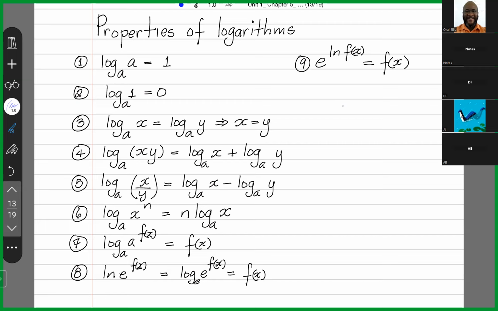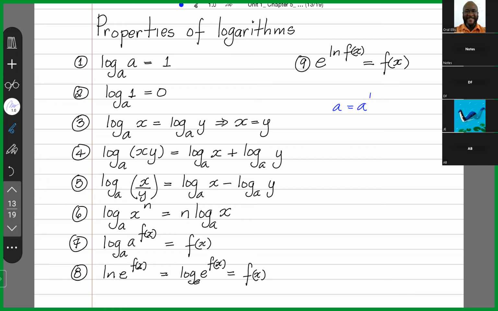In other words, moving from log form to index form, the number a is equal to the base a raised to the power 1, which just by looking at it makes sense. So that statement, a is equal to a to the power 1, is the same as saying the log to the base a of a is equal to 1.